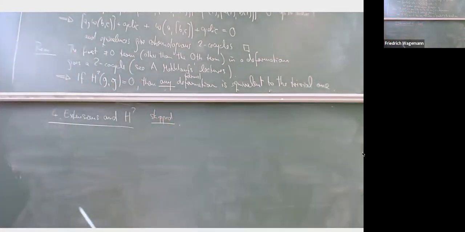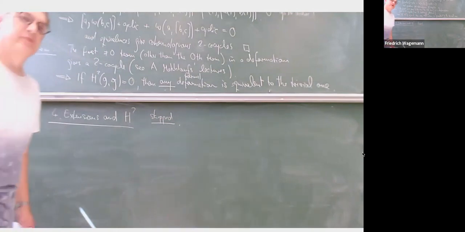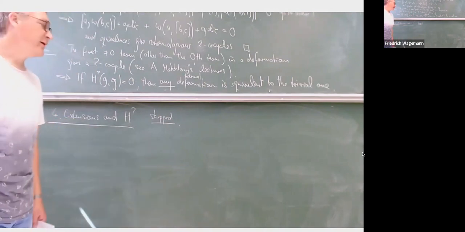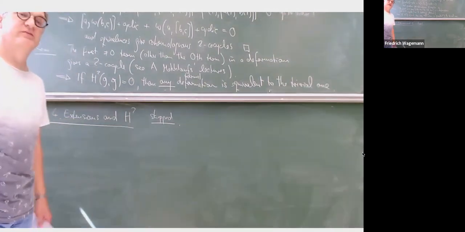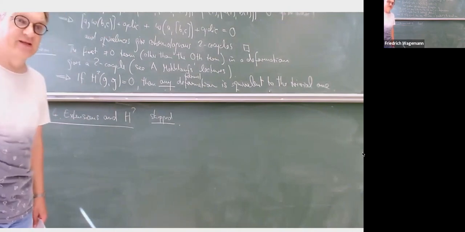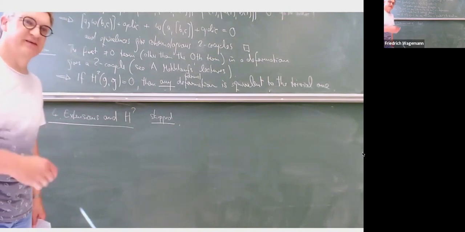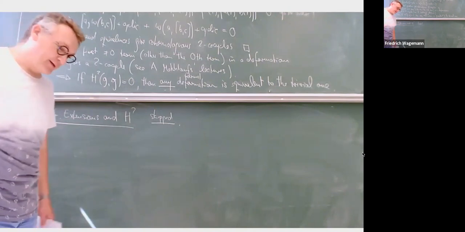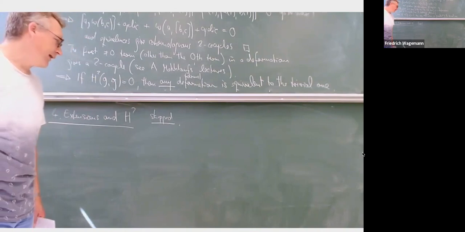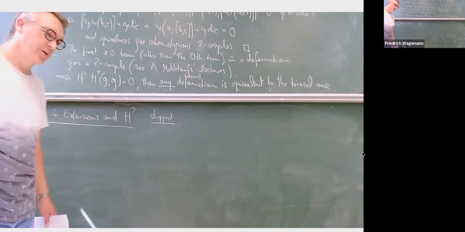Actually, if we take a general module V, the H2 of G with values in V classifies abelian extensions of G by V. This is done in detail in the lecture notes. I will not have the time to talk about this.